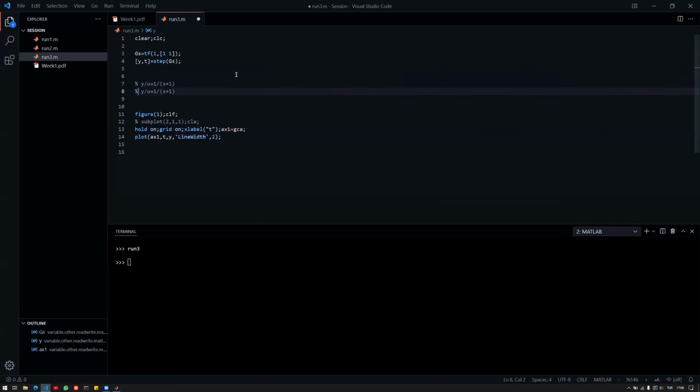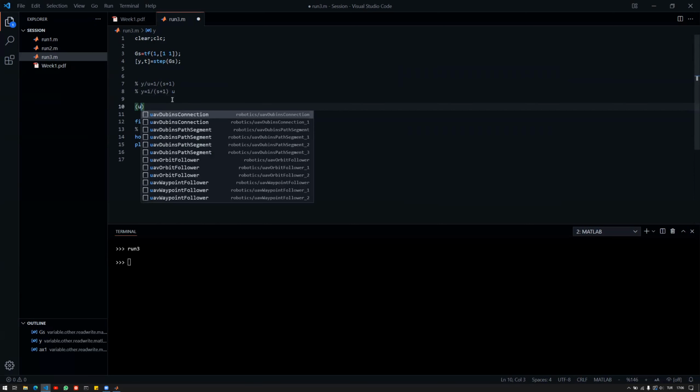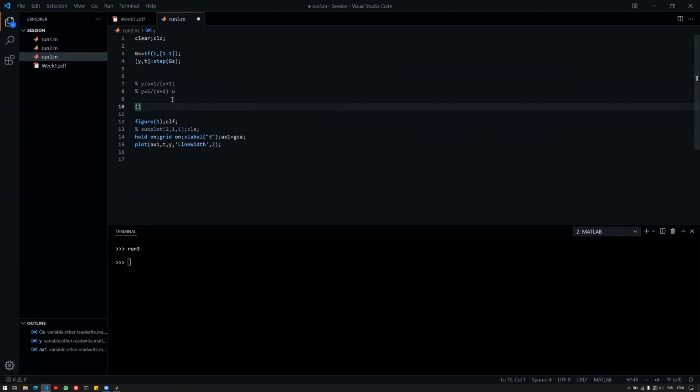By using this relation, I'm basically calculating the output. Now, step means the unit step function, and this function has a Laplace domain representation, which is 1 divided by s.